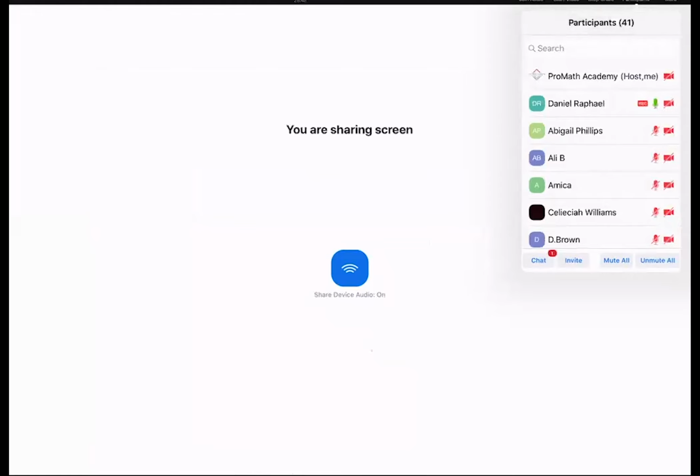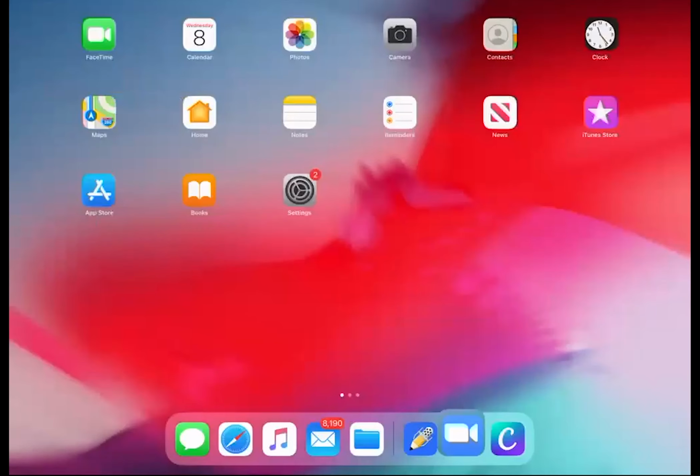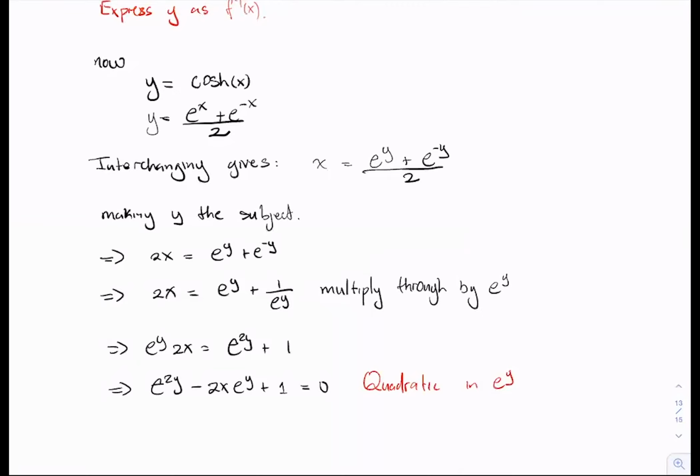How can we make e to the y the subject of this formula, guys? Guys, make sure you're making notes as you go along, okay? Because sometimes I have to switch in between the Zoom app and the note writing app that I'm using. So we notice that we have a quadratic in e to the y, so we can make e to the y the subject of this formula by using the quadratic formula.